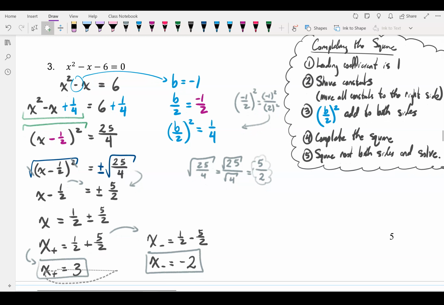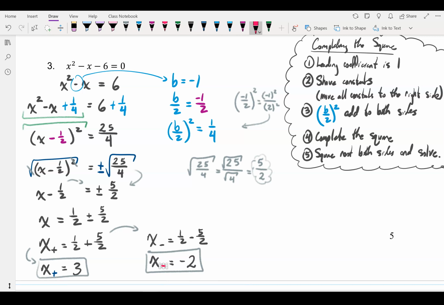Finally, this plus and this minus are based on the plus and minus here. I said that before, but in case this idea is new to you, I wanted to make sure that I'm helping you out every step along the way, wherever I can.